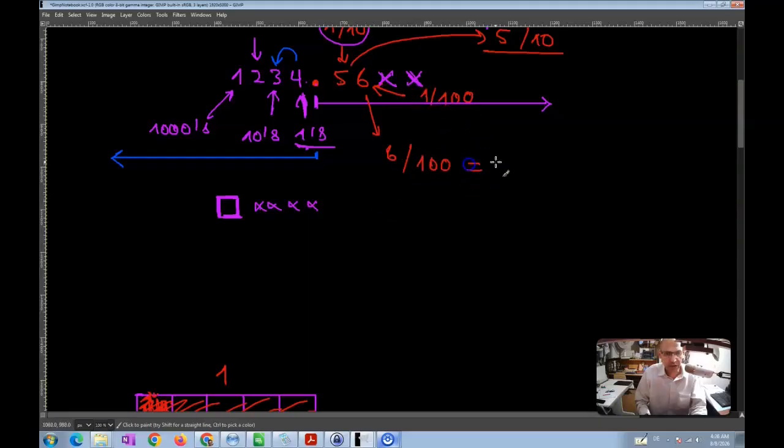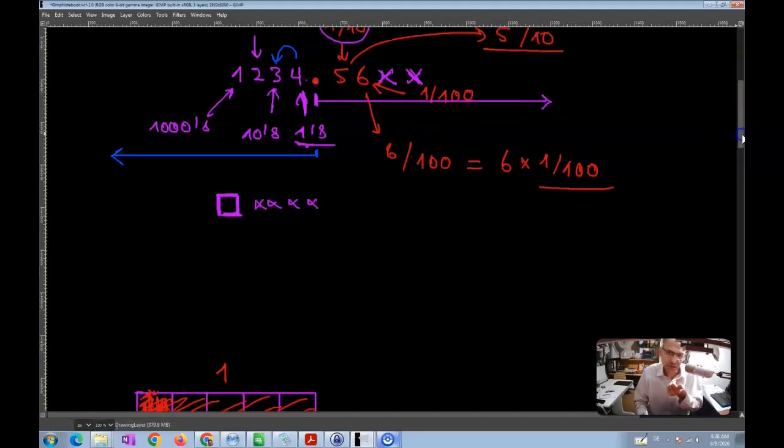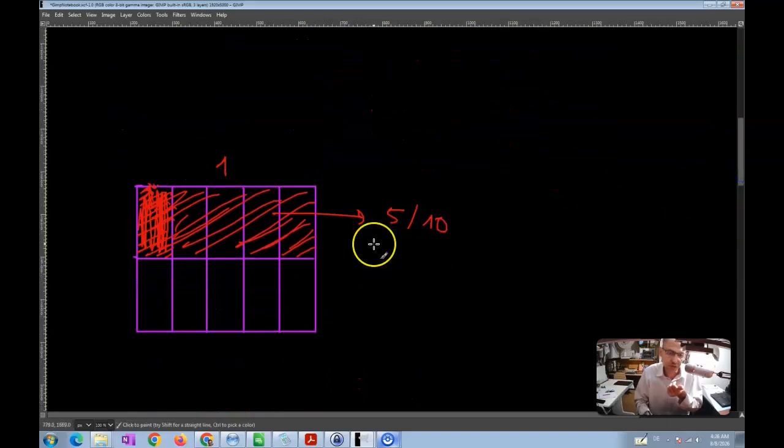And 6/100 is nothing but 6 times 100th. Because you are in the 100th place value and you have a 6 over here, so 6 times 100th would be 6/100. Now, how do you understand 6/100 in terms of these box models?